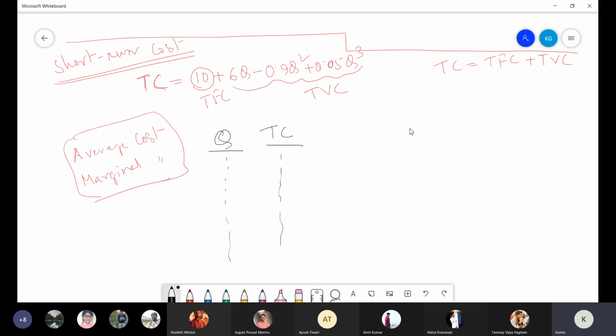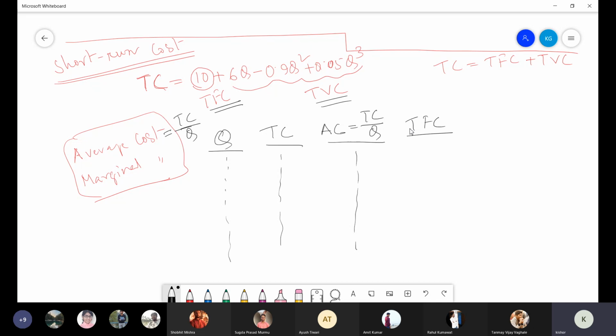The moment you calculate total cost, dividing total cost by Q will give you average cost, because average cost is nothing but total cost divided by Q. Along with that, you will get two other components: fixed cost and total variable cost.